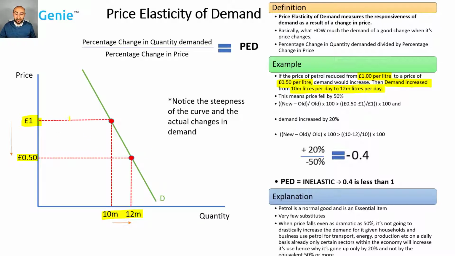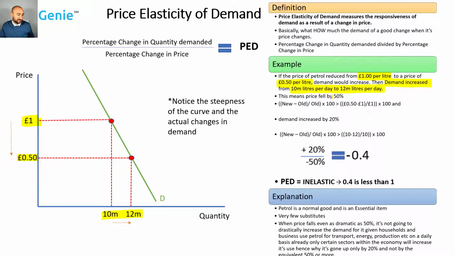So it's very important to understand that we've seen a massive price reduction resulting in a relatively smaller quantity increase in terms of percentages. And if you notice the steepness of the curve and the actual changes in demand, we can start to understand what we're talking about here.